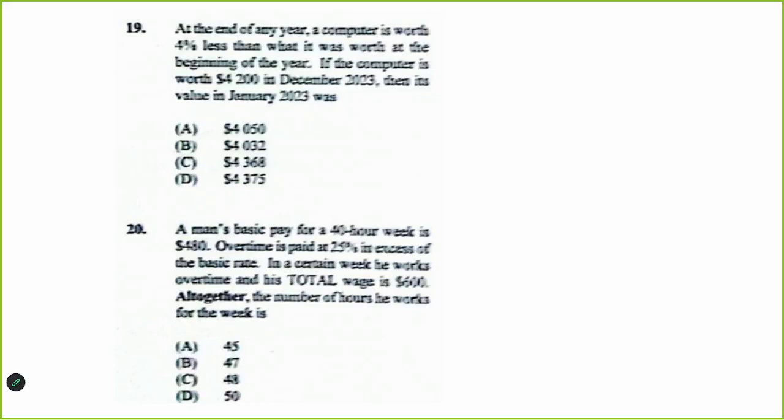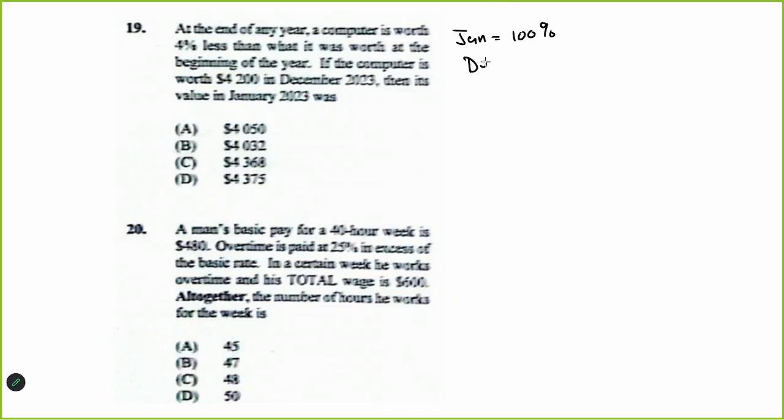Right, number 19. At the end of any year, a computer is worth 4% less than what it was worth at the beginning of the year. If the computer was worth $4,200 in December, then its value in January would be... so January is 100%.